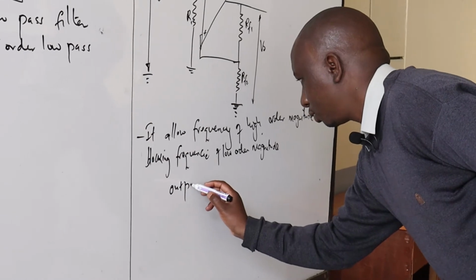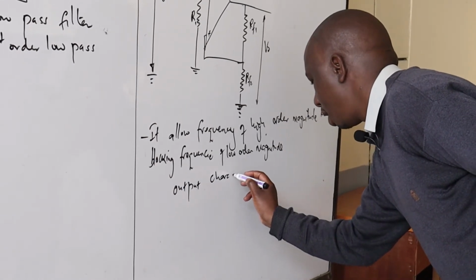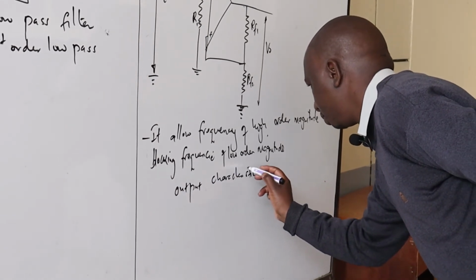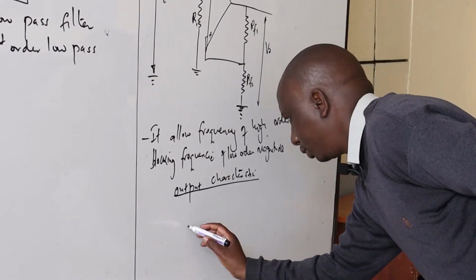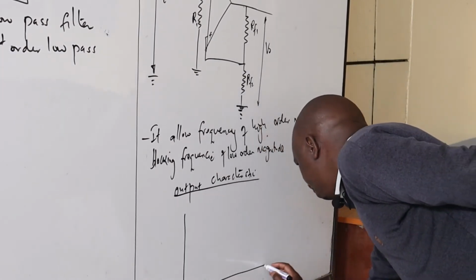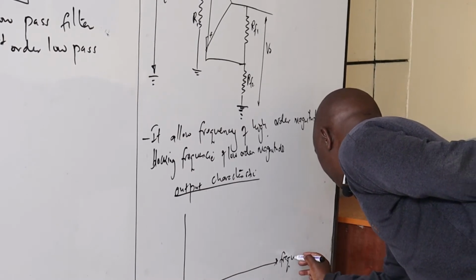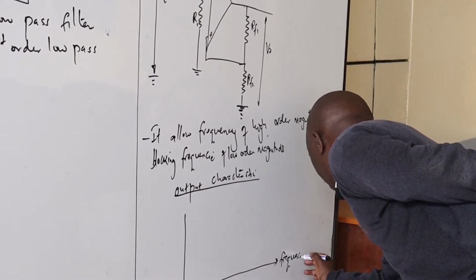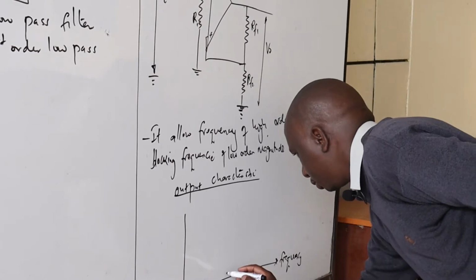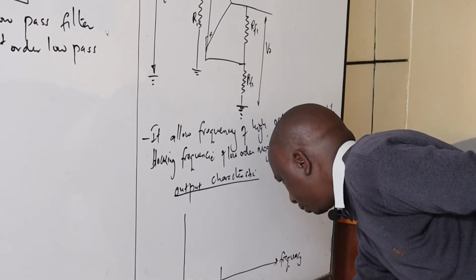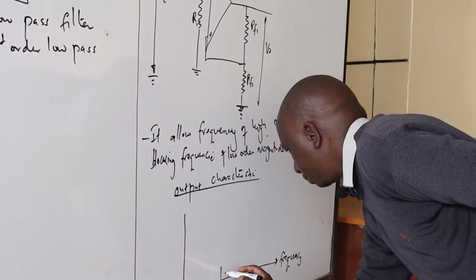So we talk of the output characteristics. We shall have this. This is the frequency. So this is the cutoff, FCH.